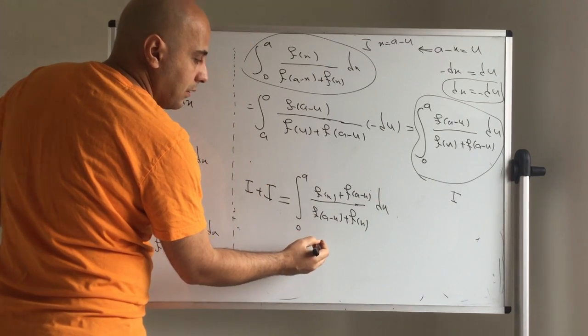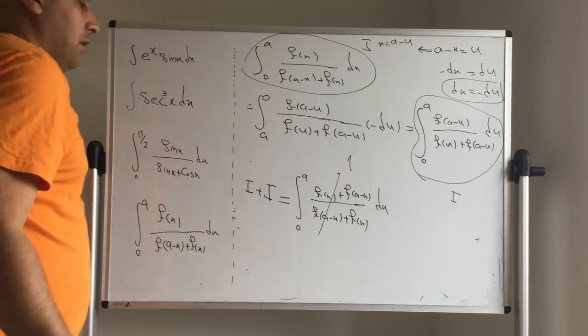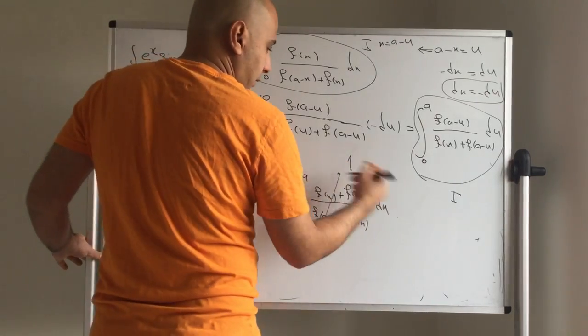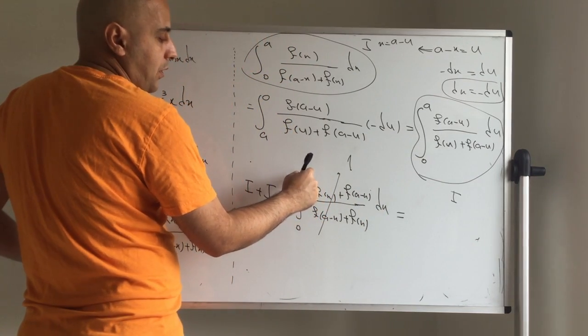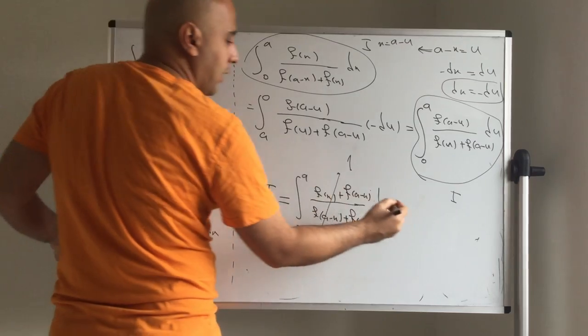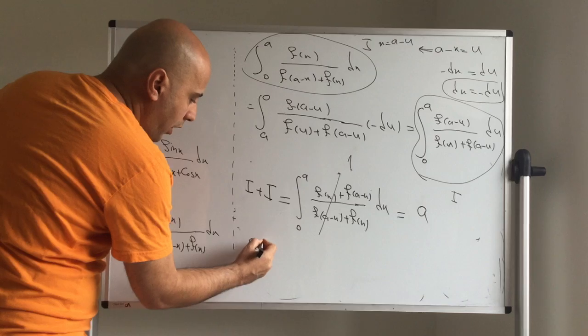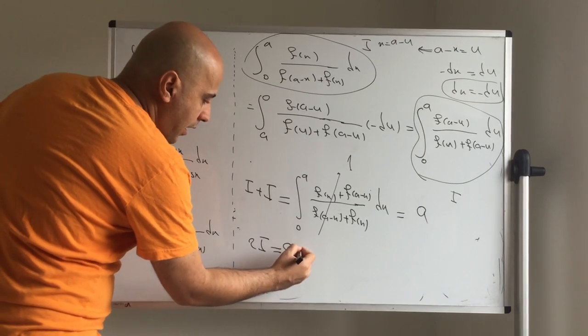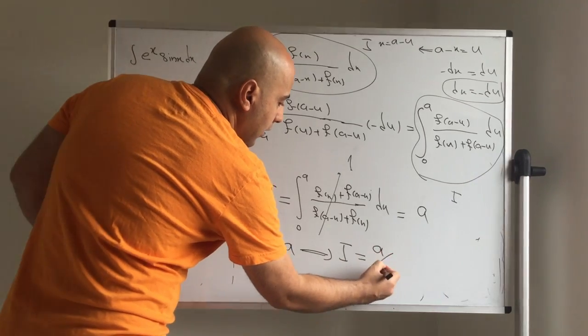This one is 1. So the answer is x. Then when I substitute the value of the boundaries, I will have a. So 2I equals a, so I equals a over 2.